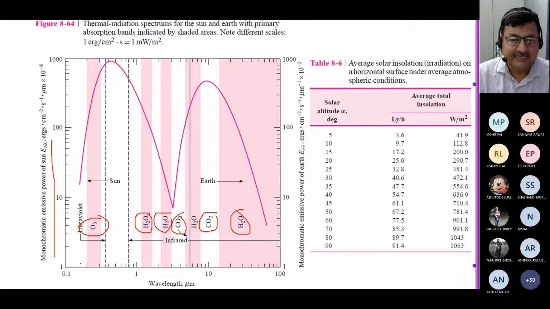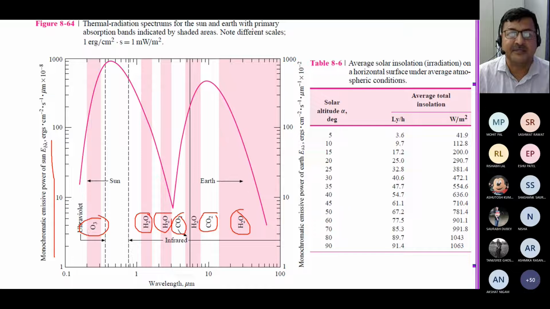These ultraviolet wavelengths are all absorbed by ozone. This wavelength is all absorbed by water, this one also by water, and this one by carbon dioxide. So you can see that a large part of the solar irradiation is absorbed by the constituents of the air that is there.